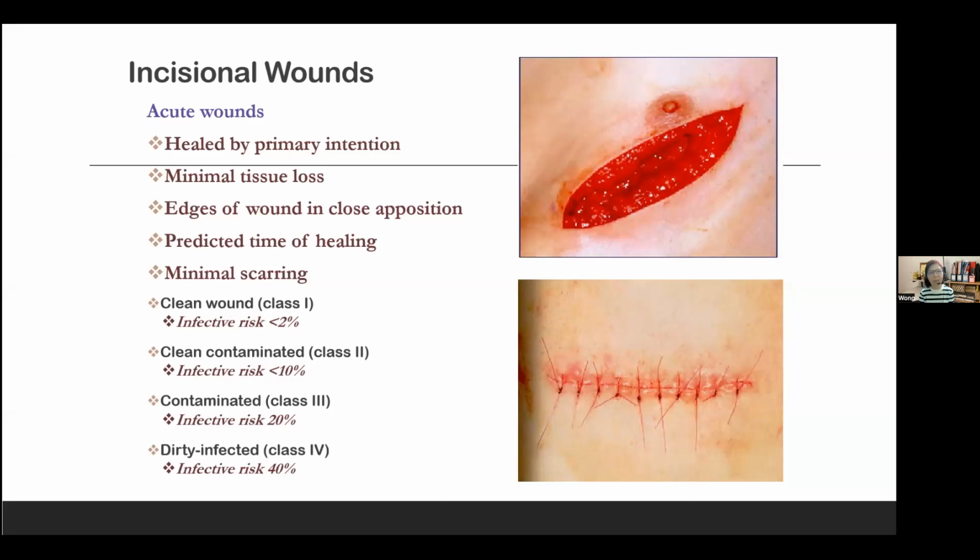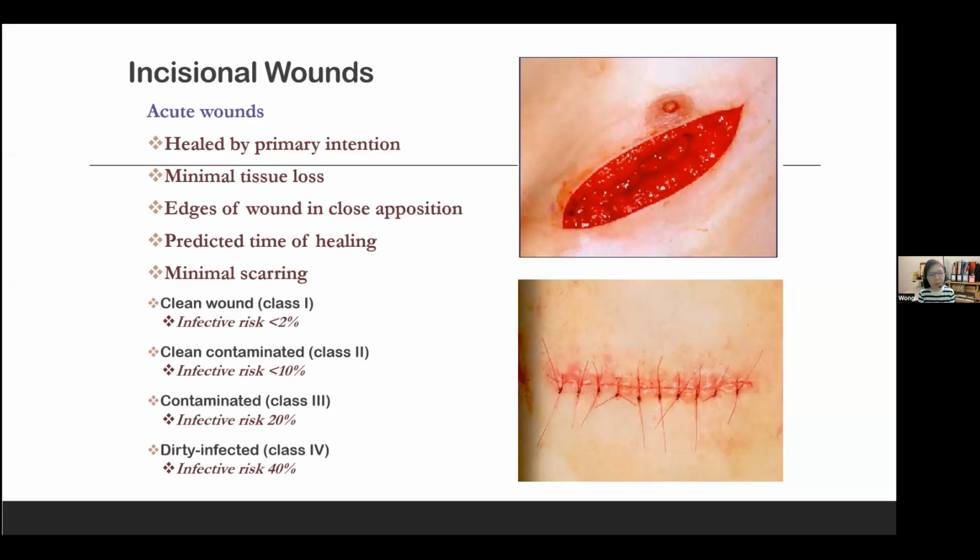If it's a clean contaminated wound, class 2, for example hernia or even colorectal cases, whereby it opens into a cavity that is not so clean, like the GI tract, there is a bit higher risk of infection, less than 10%.